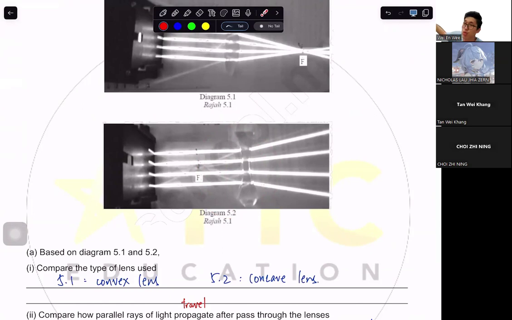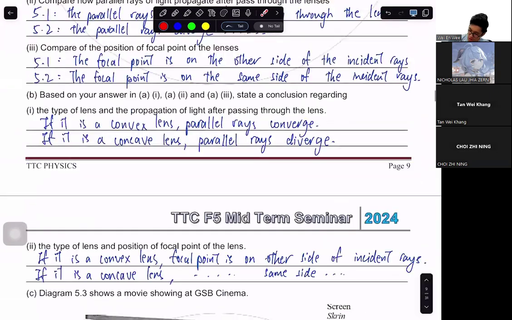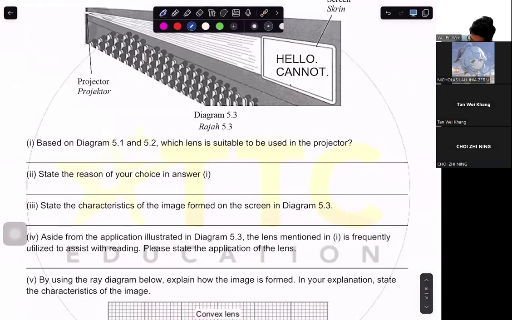It cannot shoot onto a wall. So your projector must be a convex lens because only this one can produce a real image. Of course, this can also produce virtual if you put it too close. But this one totally cannot. Always virtual, upright, diminished. So you have to use diagram 5.1.